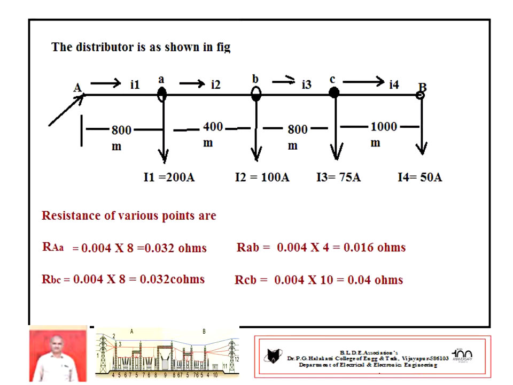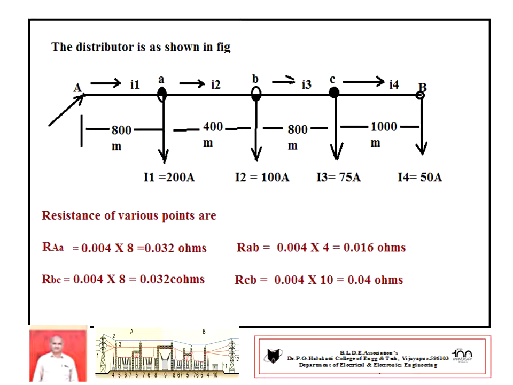Then consider different lengths, 800 meters, 1200 meters, 2000 meters and 3000 meters, having different loads of 200 ampere, 100 ampere, 75 ampere and 50 ampere as shown in the figure. The first section, capital A to small a, carries the current I1. The second section, small a to small b, carries I2. Similarly, the third section, small b to small c, carries I3, and the fourth section, small c to capital B, carries I4. So mark the distances properly.